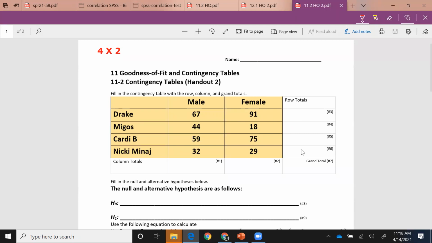But I need to do a couple things. Each of these numbers right here, 1, 2, 3, 4, 5, 6, that's how I'm going to grade this assignment when I get it in the submission. It will ask you questions on the handout.